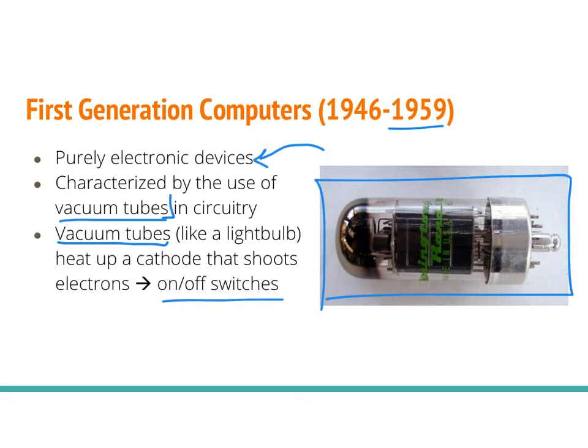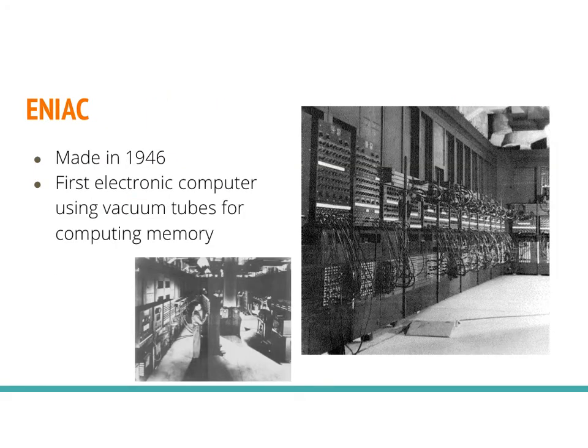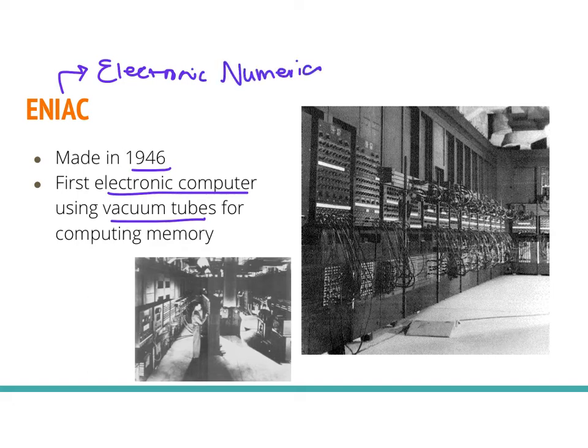They utilized vacuum tubes. Now, the first electronic computer that utilized vacuum tubes was made in 1946, and this was called the ENIAC. Now, ENIAC was an acronym that stood for Electronic Numerical Integrator and Computer.